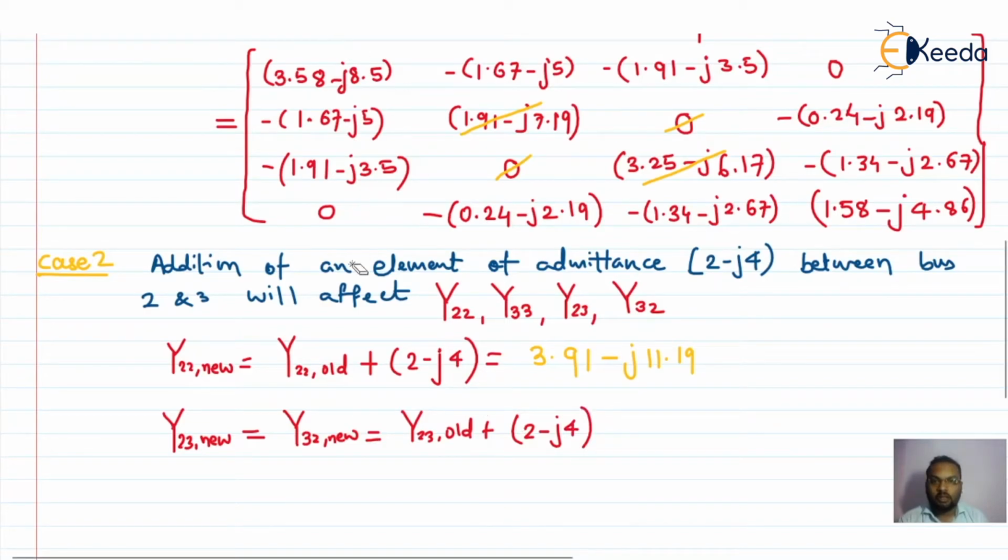Okay, it is minus, not plus, because it is a transfer admittance. So it will become minus. When it is a self admittance, it will become plus. When it is a transfer admittance, it will become minus. Here y23 old is 0, so you will get the value minus of, in the bracket, 2 minus j4.